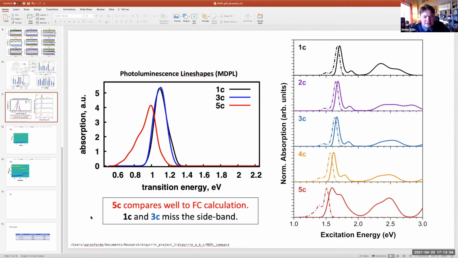For validation of the methodology, maybe one should compare it not only to other styles of calculations, but to experimental emission, right?